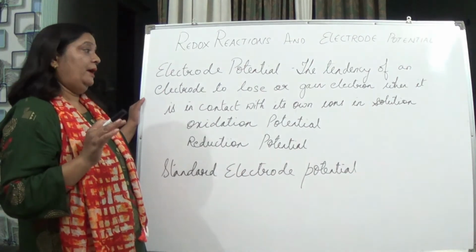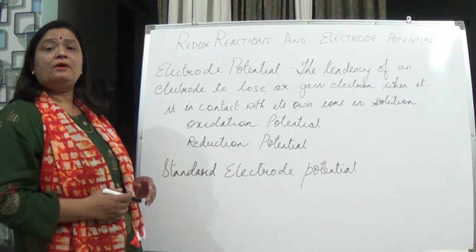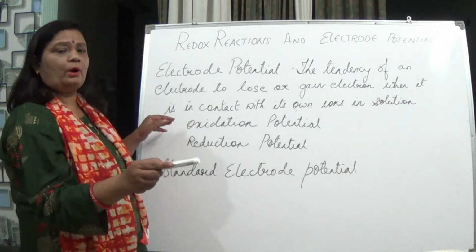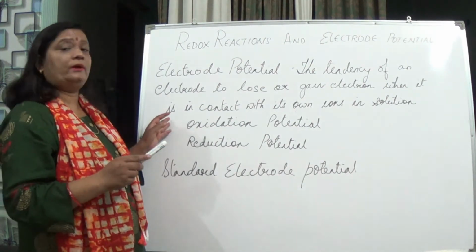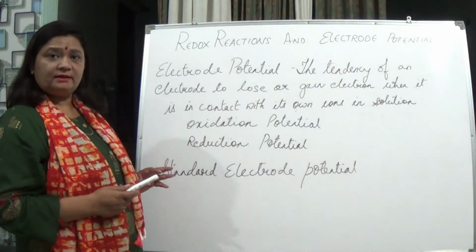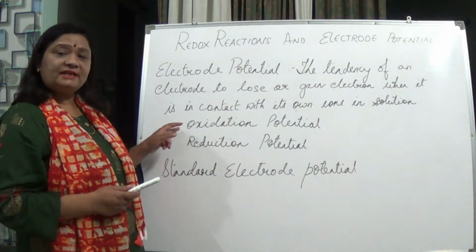Okay, so this is of two types, oxidation potential and reduction potential. When I am talking about oxidation potential, you have seen that when the zinc rod is dipped in ZnSO4 solution, at the anode, what happened? It has lost electrons, isn't it? So that is oxidation potential.